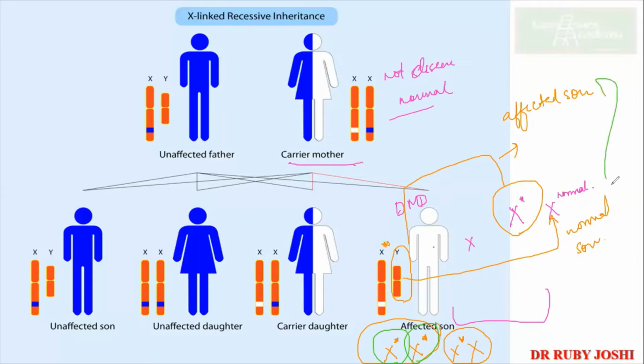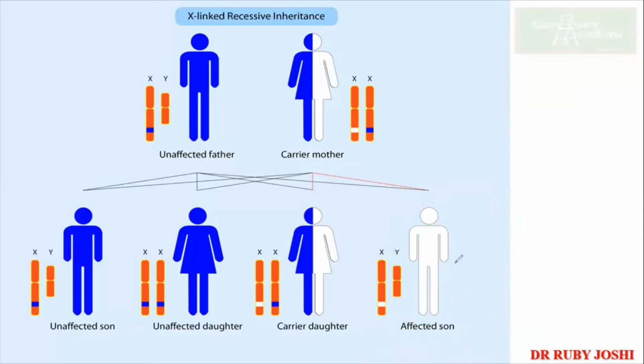Is this part clear? Where the affected guy marries a carrier woman. Yes. Okay. It's clear, right? So यानी कि इसके पास भी एक क्रोमोसोम है which is having the mutation and another chromosome which is normal.